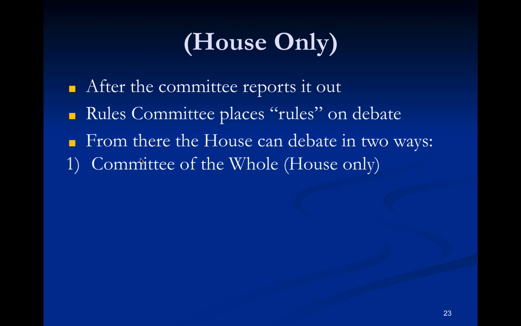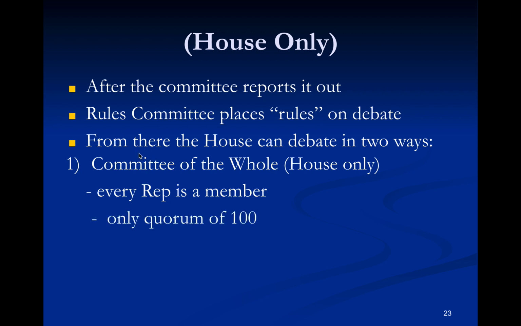Normally, there are 435 members of the House who would all get to debate the bill, but if they choose to use the Committee of the Whole, of which every House representative is a member, they only need a minimum of 100 members of the House to debate it. Now, this is less than 25% of all of the members of the House of Representatives. They can also debate with the full floor, which is the entire House chamber as well.